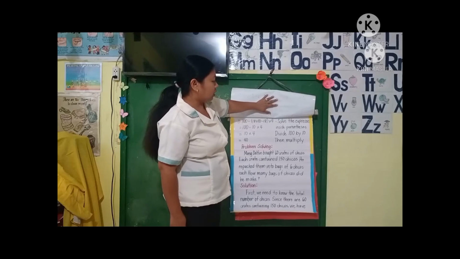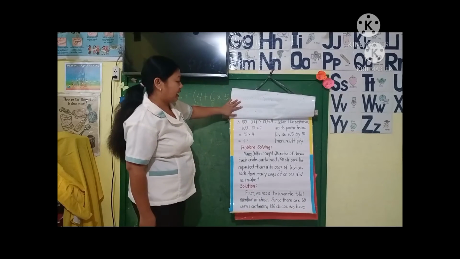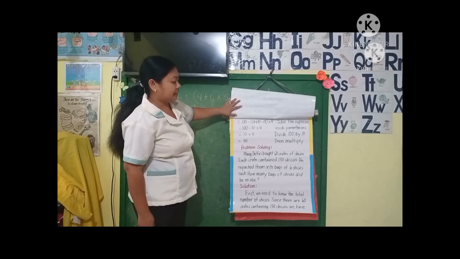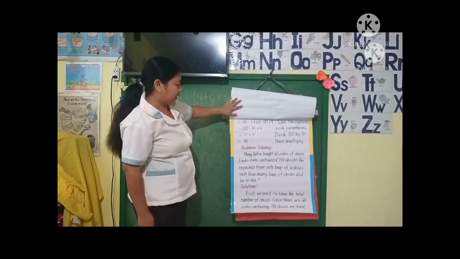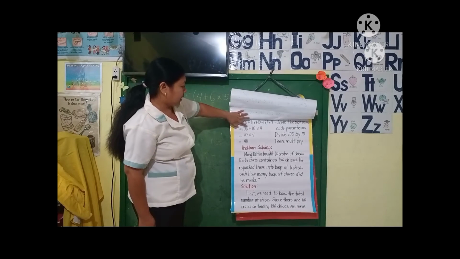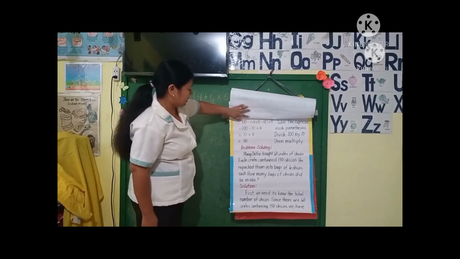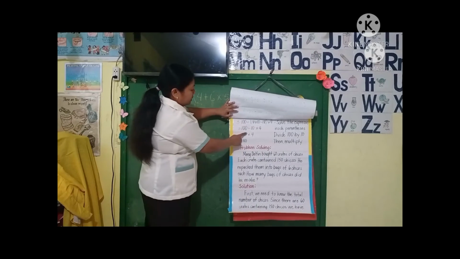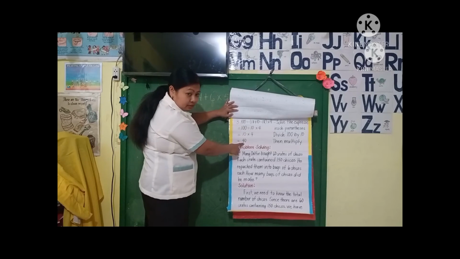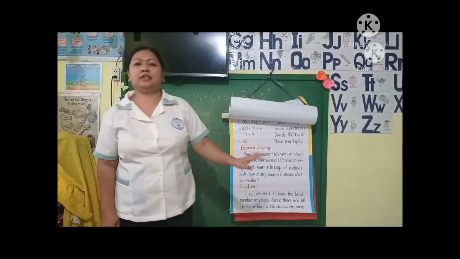First, solve the expression inside the parentheses and then divide 100 by 10 and then multiply. 100 divided by 10 is 10, times 4 is 40. The answer is 40. Okay, very good.